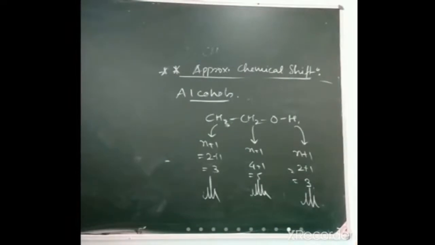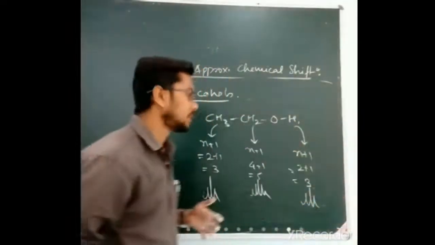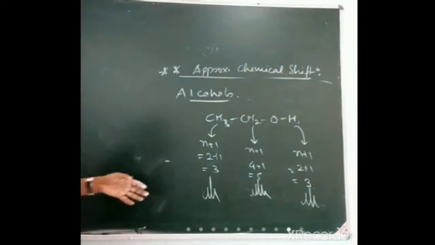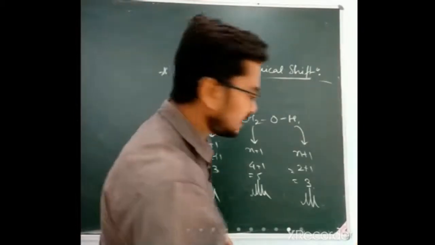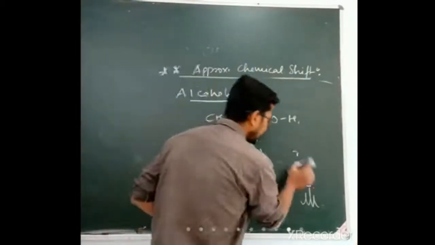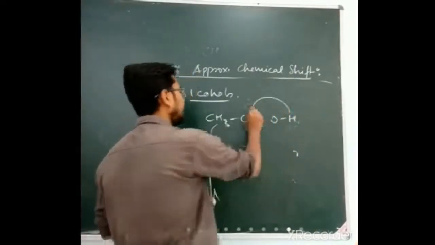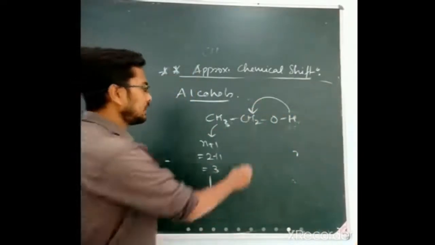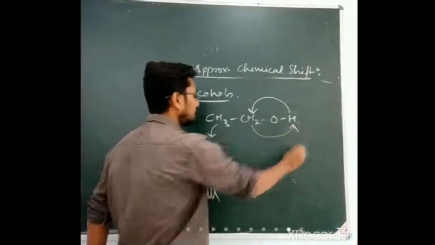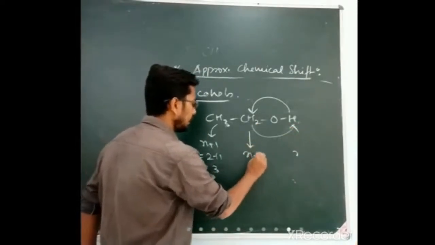Now a question may be asked, or let me go to the question a little bit later. But what happens is, in most cases they do not appear as a multiplet, because the OH hydrogen does not have any coupling effect on the CH2 hydrogens.